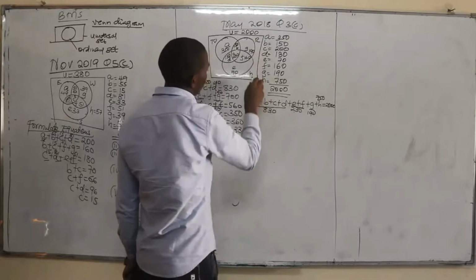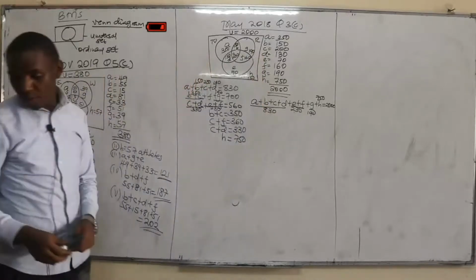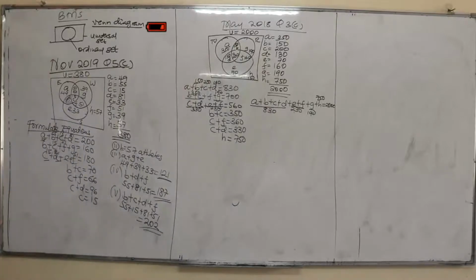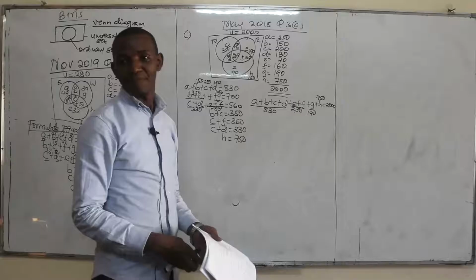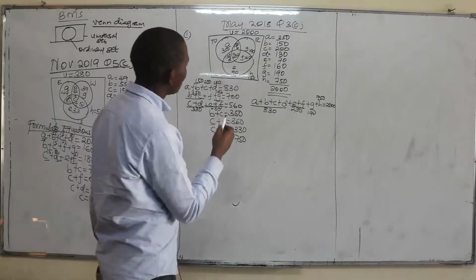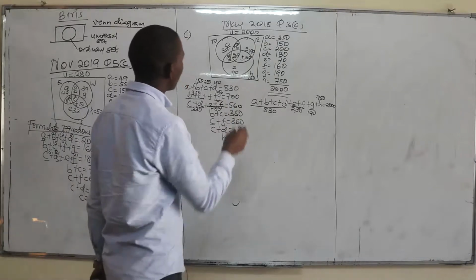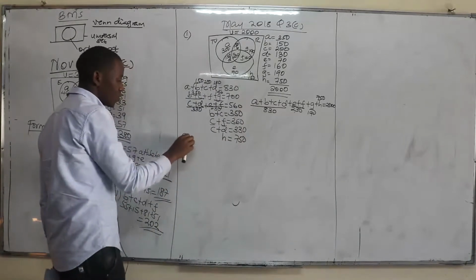And for H, 750. That is how you get the values, so you can answer the question. That was Roman 1. So with that, that is how you put all those values. So we can get Roman 2 now.